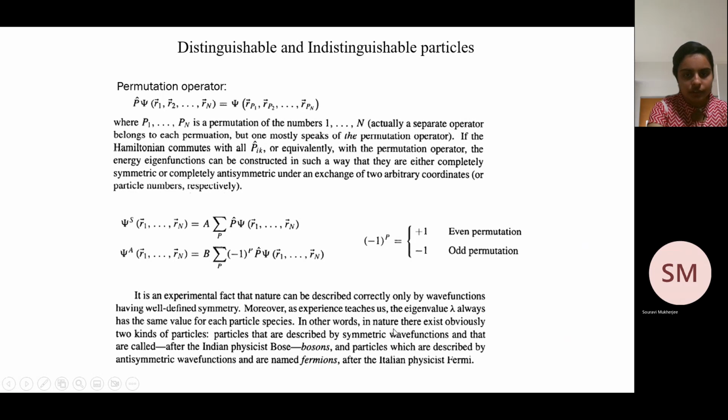In one word, the well-defined symmetry that the particle wave function shows is related to the inherent spin of the particle. Particles described by symmetric wave functions are seen to have integral spin, and they are called bosons. The particles which have antisymmetric wave functions are called fermions, and they have non-integral spins.